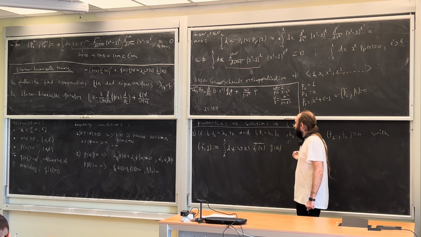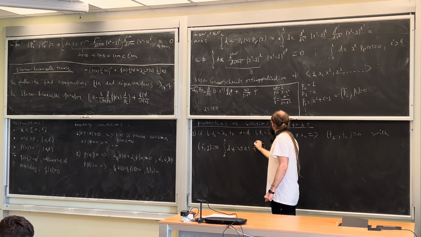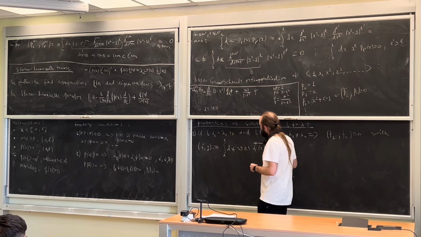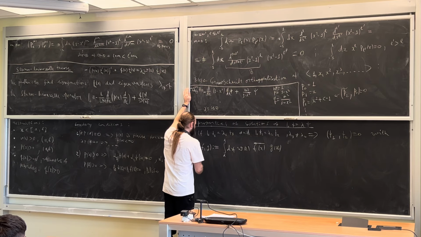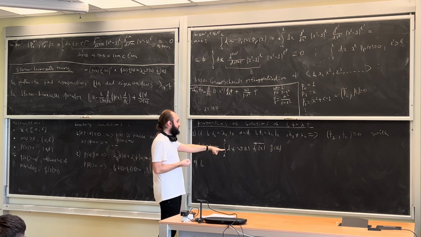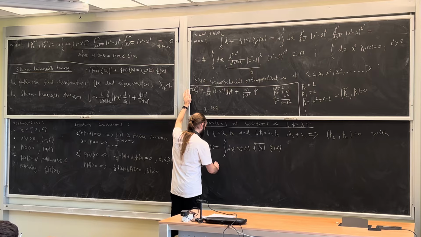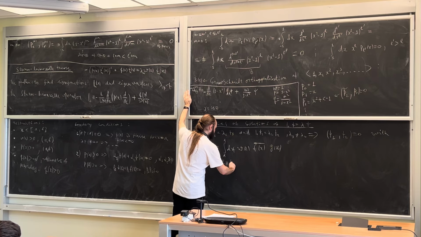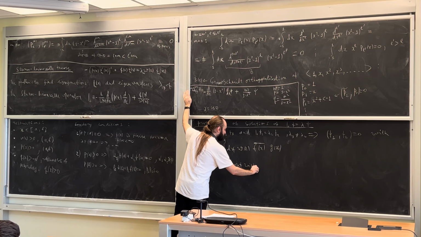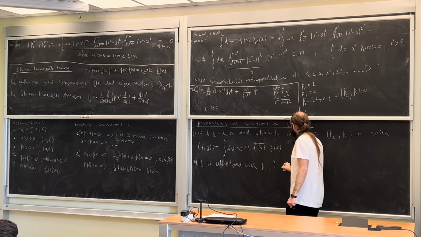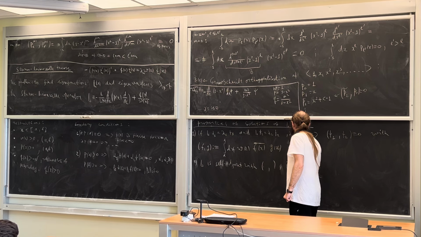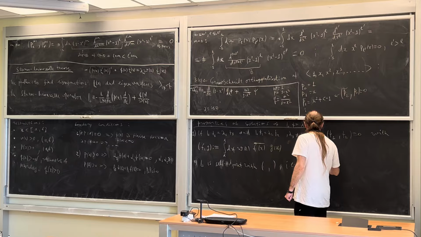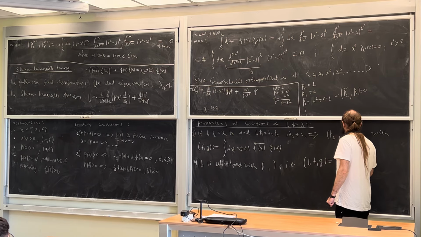So let me first formulate the zeroth property: that L is self-adjoint with such a scalar product, which means that the scalar product of L f with g equals f with L g.